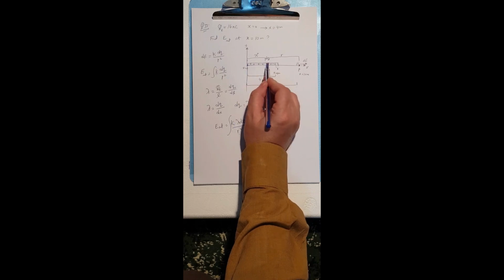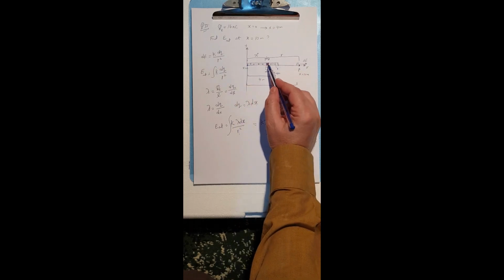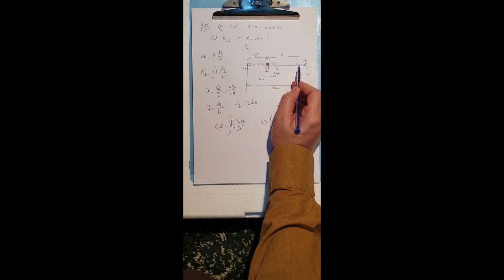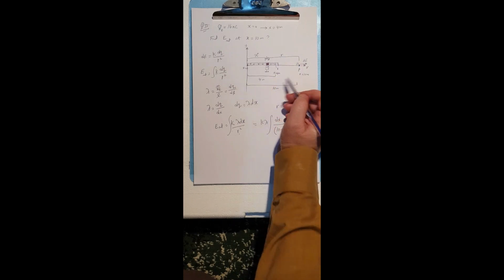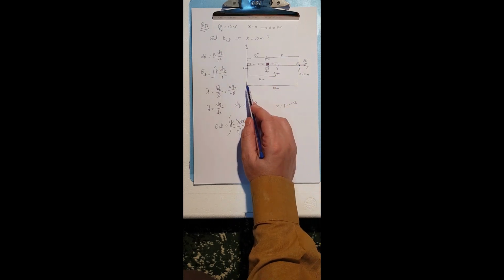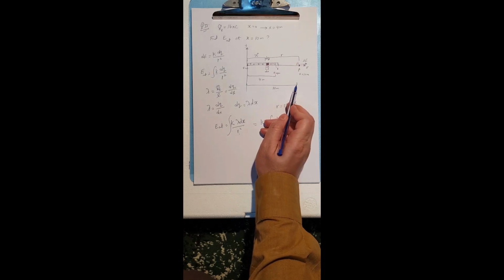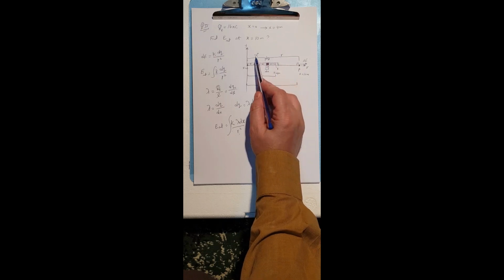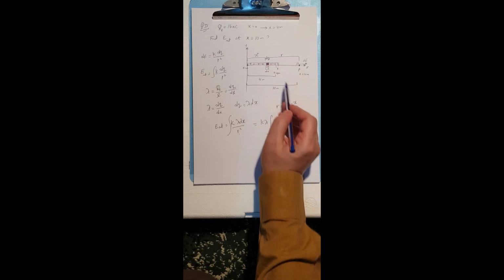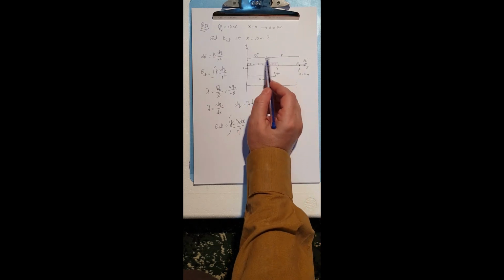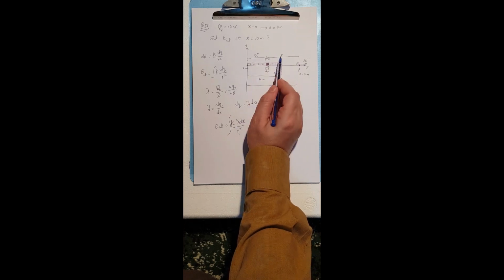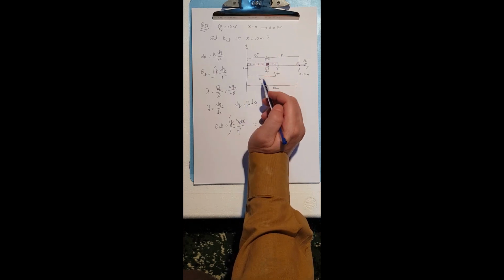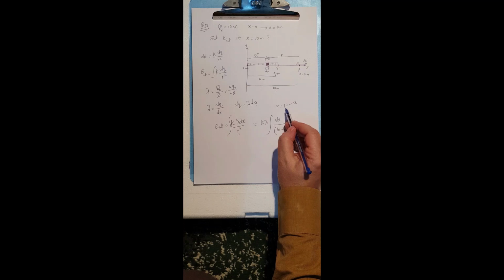So x is the variable here, from 0 to the point charge. And from the point charge to the point, that's always r. And in this question, I know from 0 to the point is 10. So I can write r in terms of x and 10. So 10 total minus x gives you r, or r plus x is 10. So r is 10 minus x.